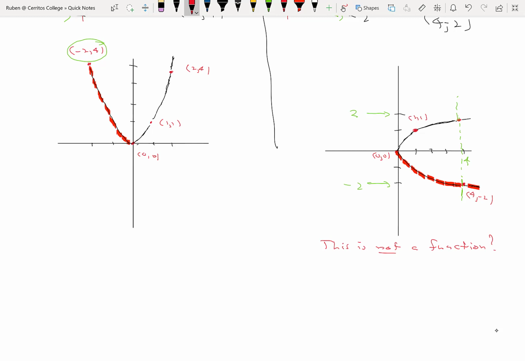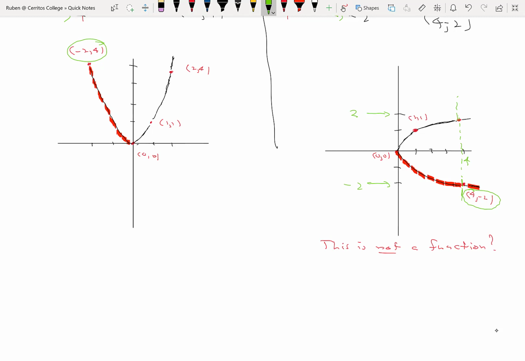So that's where that point from the original function got transferred, if you will, on the inverse. The point negative 2, 4 becomes the point 4, negative 2 on the inverse. So points on the branch of the parabola to the left of the y-axis get transferred on the inverse to points on the lower branch, the branch below the x-axis.